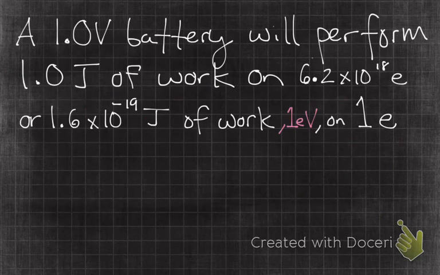So therefore, we can say that a 1 volt battery will perform 1.0 joules of work on 6.2 times 10 to the 18 charges, or it will do 1.6 times 10 to the negative 19 joules of work, or 1 electron volt of work on 1 charge. Again, this is for a 1 volt battery.